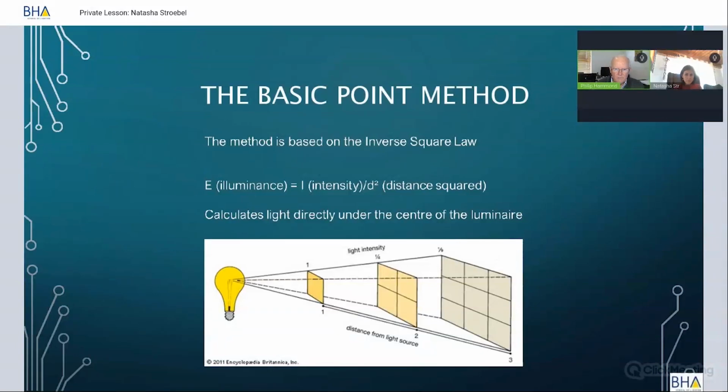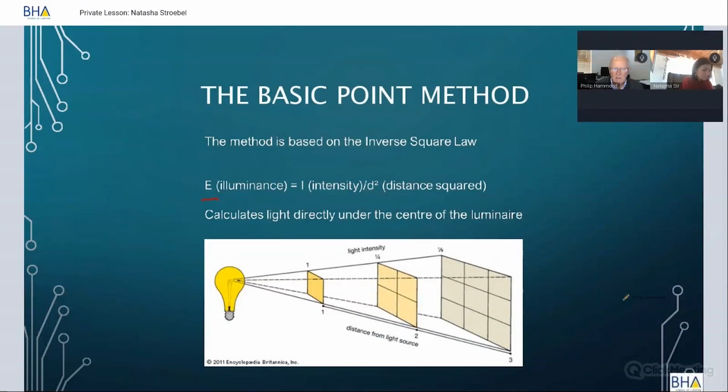Very simply, it uses E for illuminance. E always means, in lighting calculations, illuminance. So if you see E, you know you're going to have to calculate what the light's going to be on the surface. That's equal to intensity, the strength of the light, divided by distance squared.